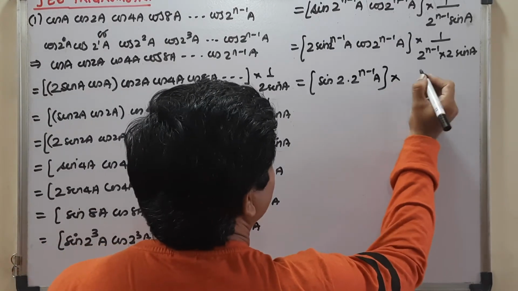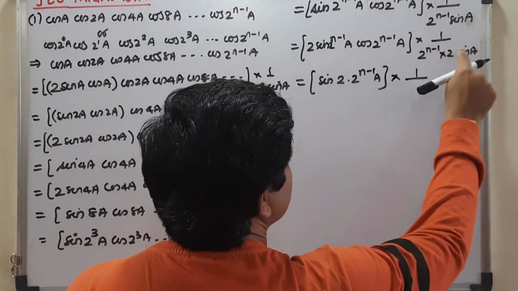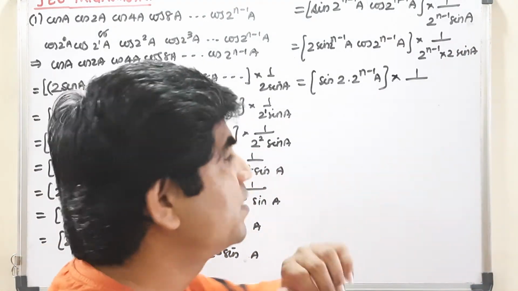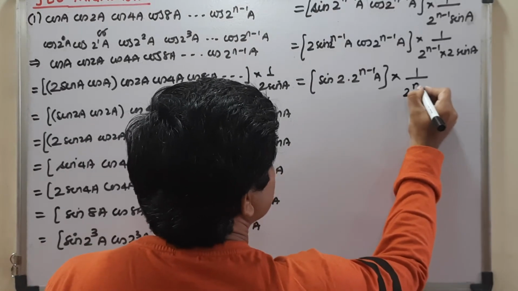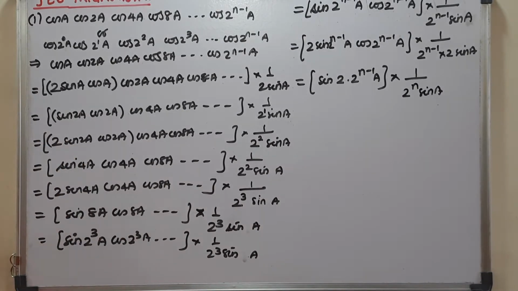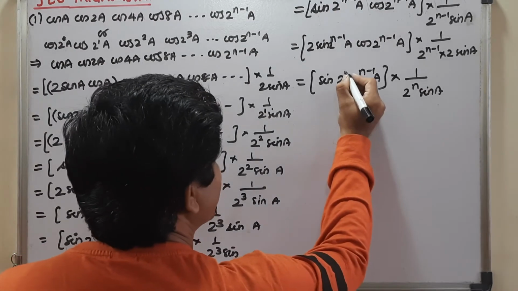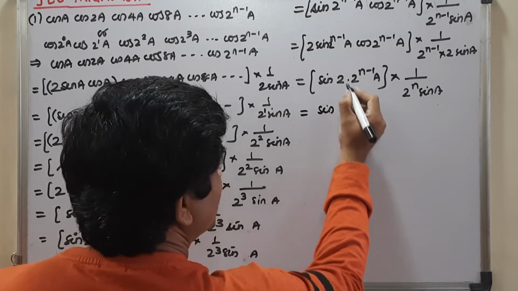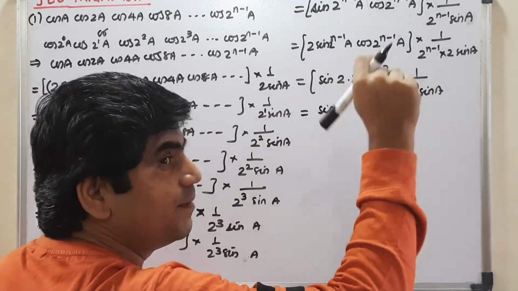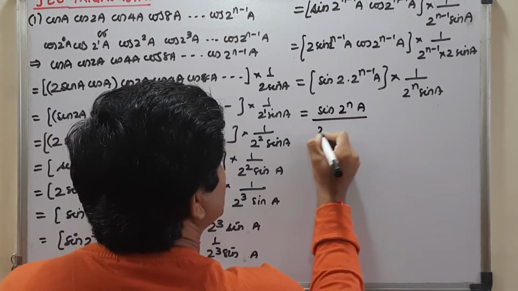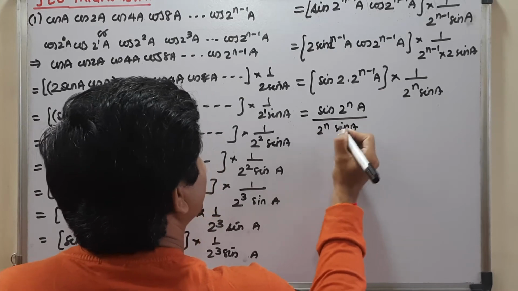And here what I get is 1 upon 2 raised to n minus 1 plus 1, index rule, n minus 1 plus 1 becomes n, that is 2 raised to n sin a, okay? ठीक. So here also the same thing comes, it is 1 and it is n minus 1, so the index rule applies here, so it will become sin 2 raised to 1 plus n minus 1, that is 2 raised to n a by 2 raised to n sin a.